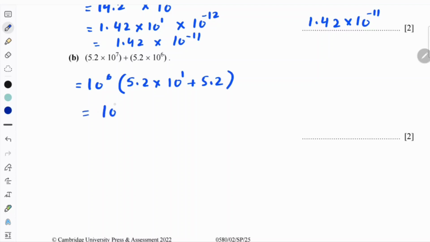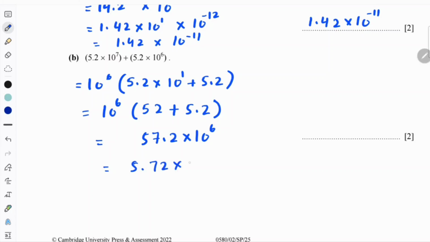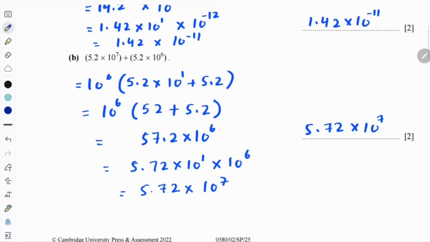So multiply first: 52 plus 5.2 is 57.2 into 10 to the power 6. As it's not in standard form, 5.72 into 10 and 10 to the power 6, then 5.72 into 10 to the power 7 is the answer for this question.